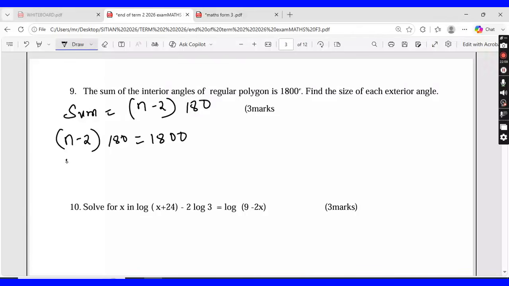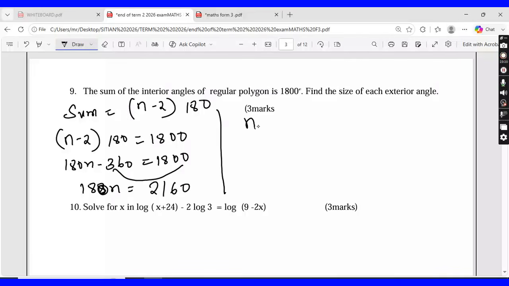Now open this one, we have 180n minus 360 equal to 1800. Like terms together, this one comes this side, we have 180n is equal to 2160.